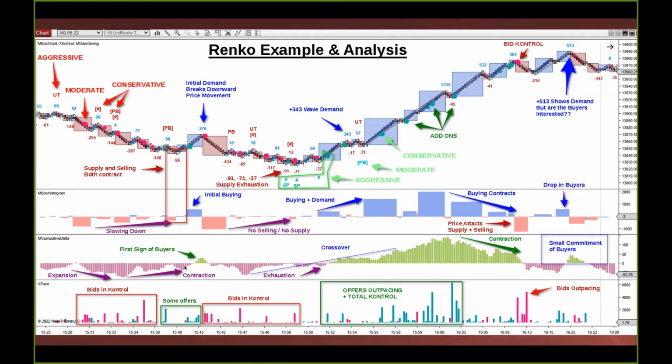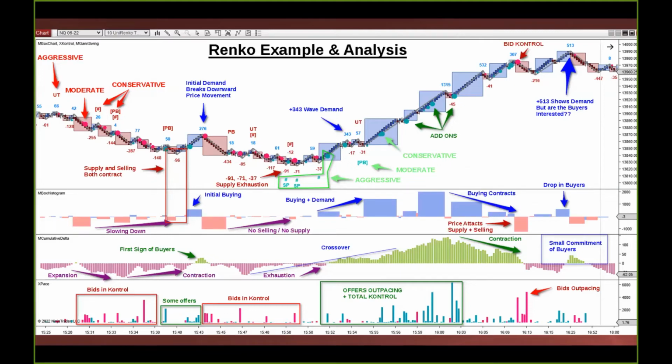We see contraction in the cumulative delta as well. First sign of buyers comes here with the buying, and then initial demand breaks the downward movement, the 276. That's why I like to label initial. And in a lot of the live trade videos, I label initial buying, initial selling, to see what happens next.